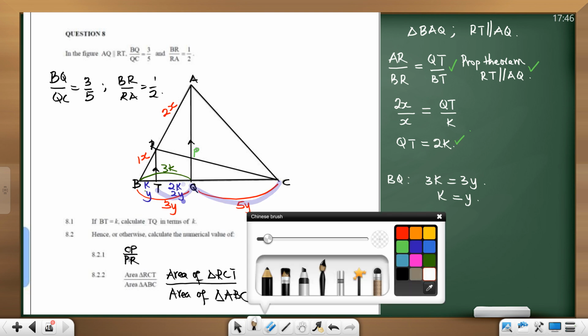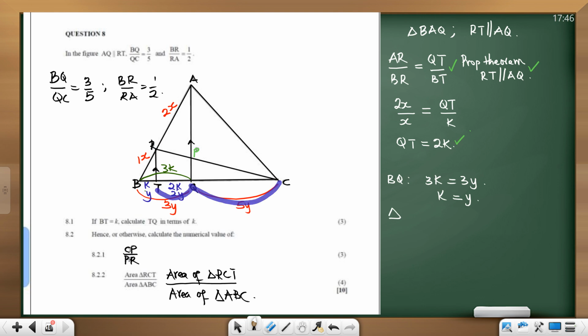Okay, let's answer that question now. Again, which triangle are we using? Triangle CRT. Which lines are parallel? RT parallel to what? PQ. Okay, what am I looking for? CP over PR. We all know what we should write. CQ over what?